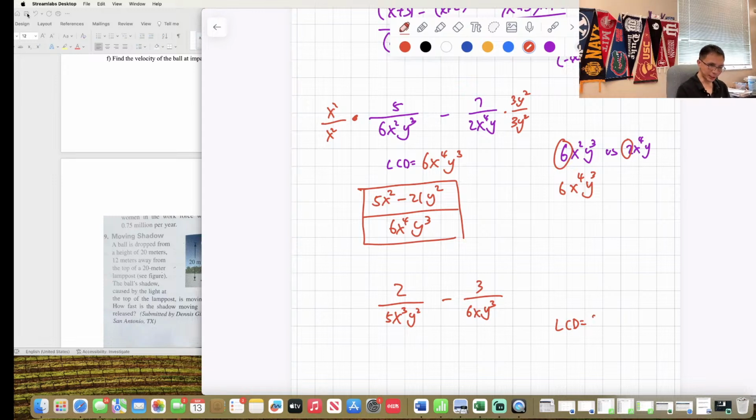So the LCD is going to be 30, x to the third, y to the third. Did you guys get that?